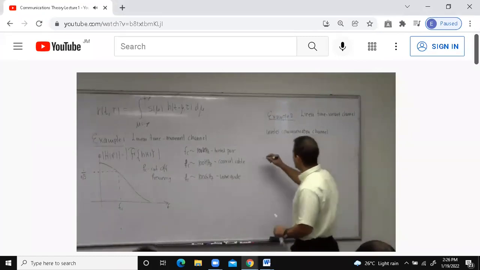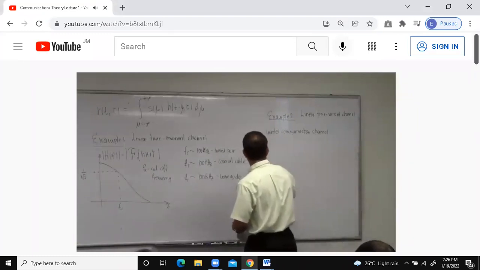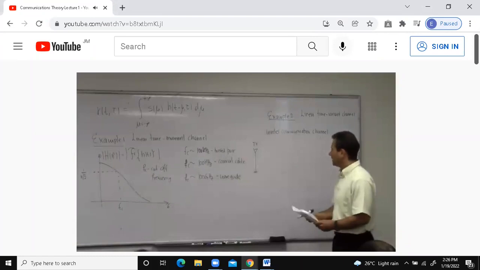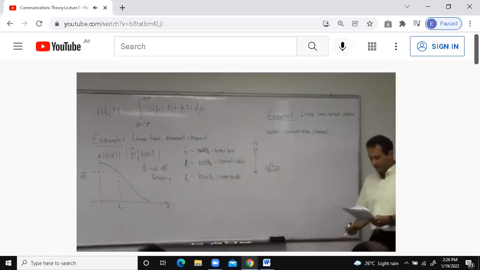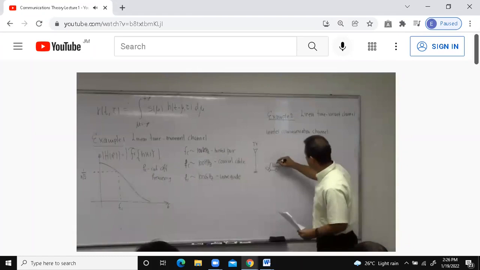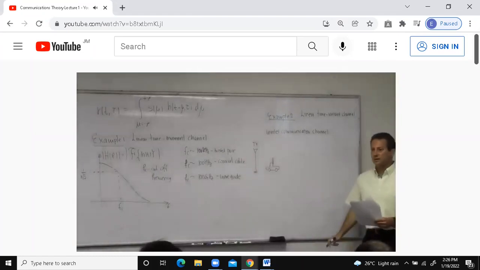Here's what you have. You have your transmitter from which you're going to send your signal, and then you have your receiver. To make sure we understand that there's mobility involved here, there's some vehicle moving around. Let's say this is a radio broadcast, and this is my car receiving the signal.